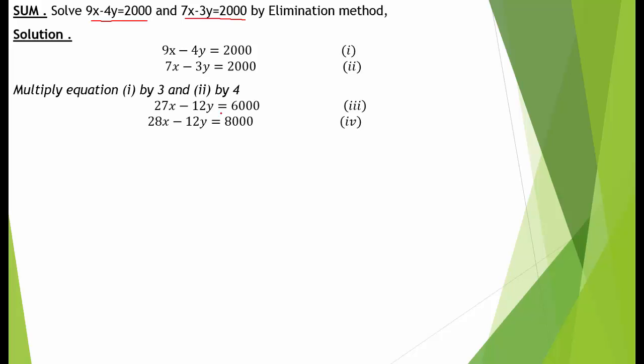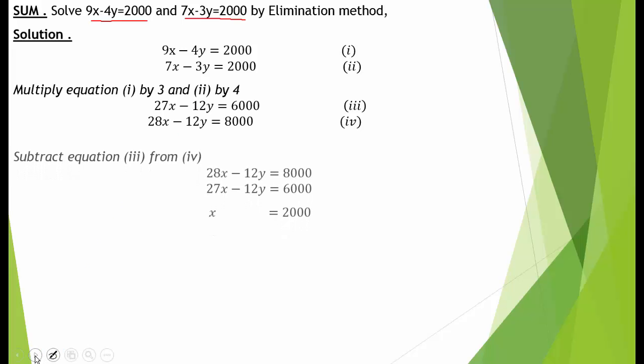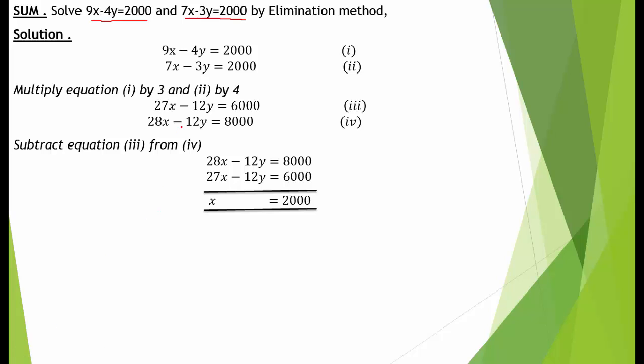Now we will check whether we have to add or subtract. If we add, this will become minus 24y. If we subtract, this will get cancelled out. So subtract equation 3 from 4. If I subtract equation 3 from 4, the symbols will get changed.